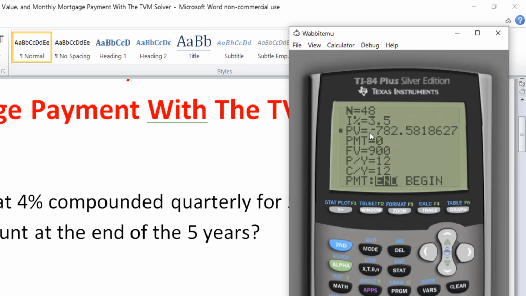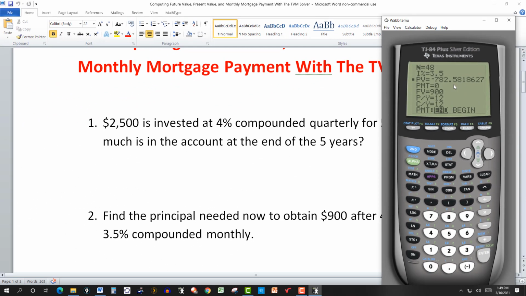You can ignore the negative if you want, and it's 782.58. So that tells me that if today I deposit $782.58 into an account that pays 3.5% compounded monthly, in 4 years the account will grow to $900.